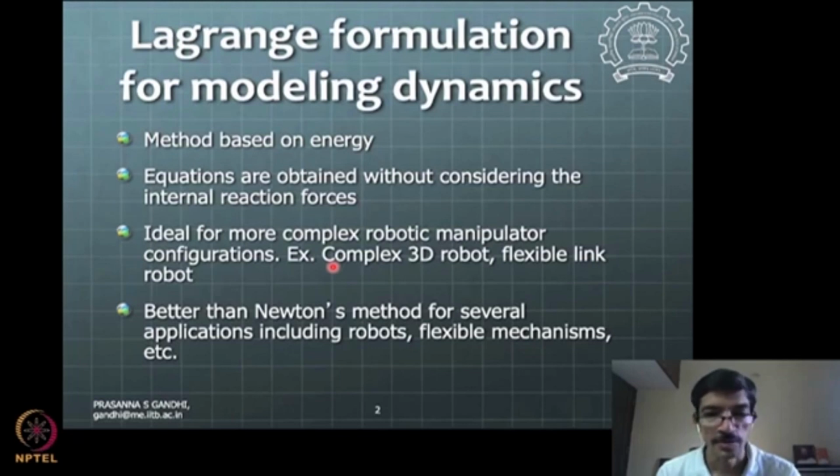Both are equivalent to each other. There is a mathematical proof that both the methods are equivalent. But the way the Lagrangian formulation gets derived, you get some kind of a structure, and that structure becomes an important aspect for control purposes. So we'll see how and why it becomes important as we proceed.